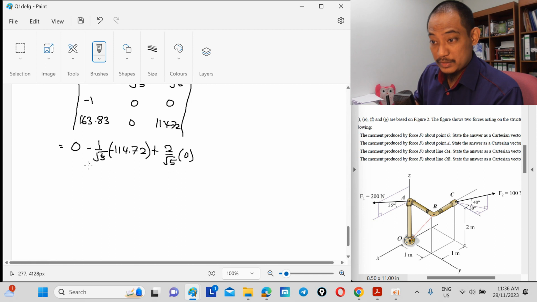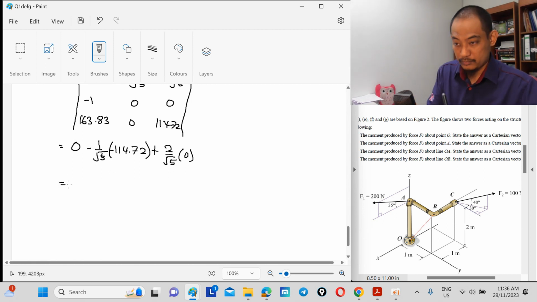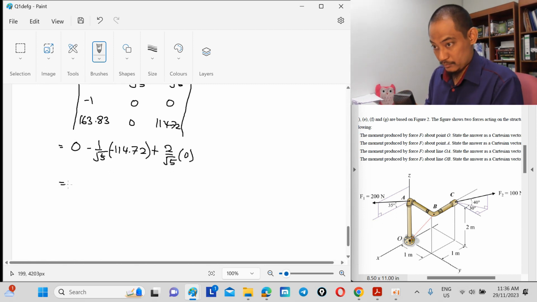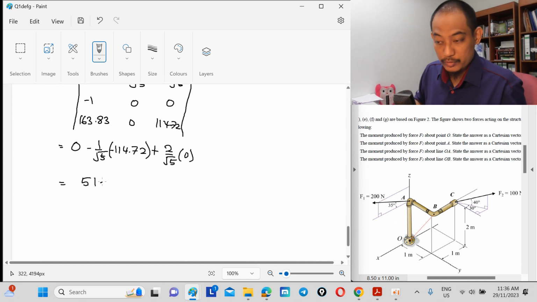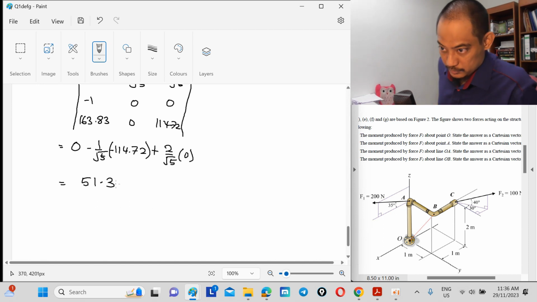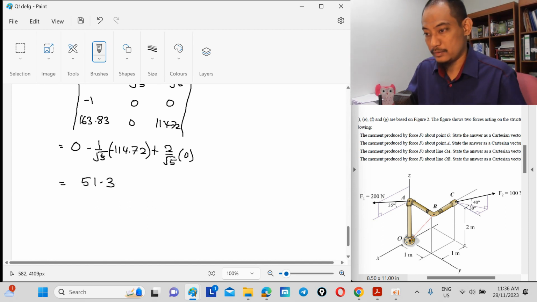So it becomes 114.72 divided by square root of 5, which is 51.3 Newton meter.